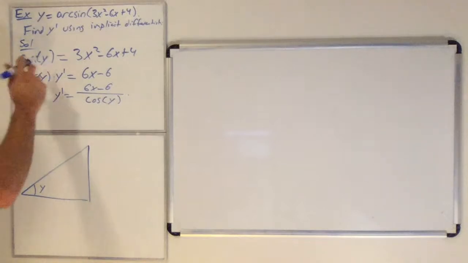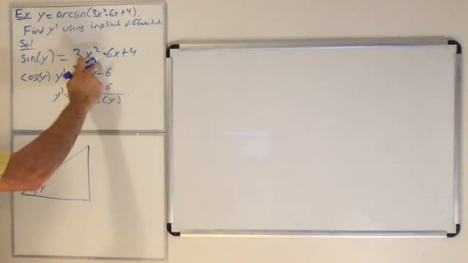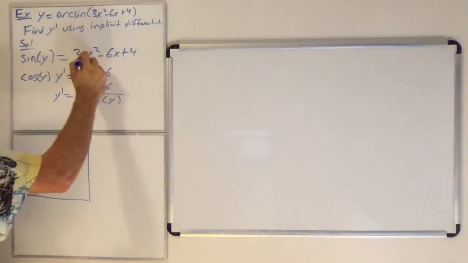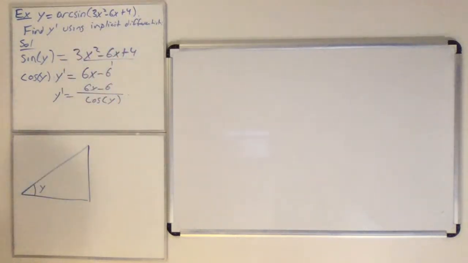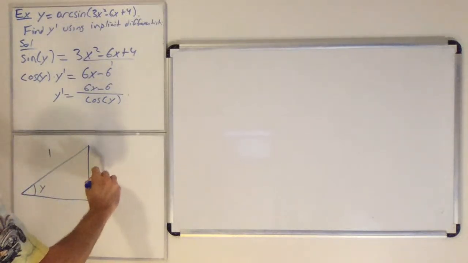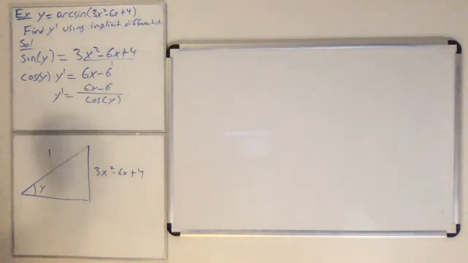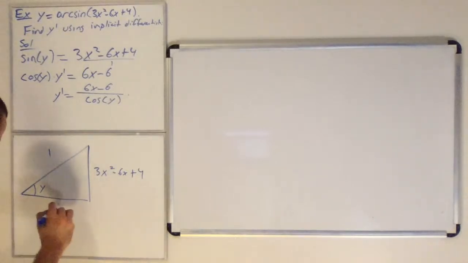And so sine of y is the opposite over the hypotenuse. We could treat this as (3x squared minus 6x plus 4) over 1. And then the question is, how do we find this side length, which we could call a?